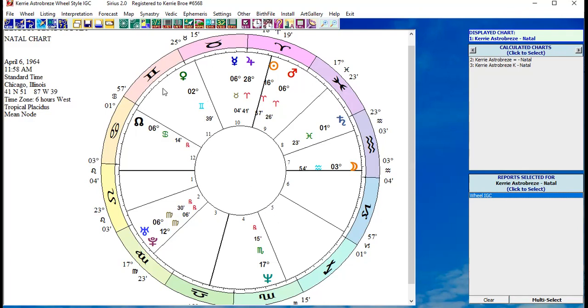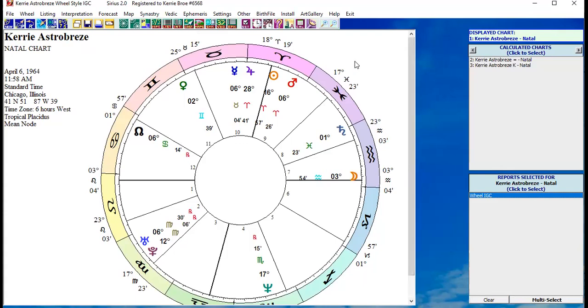Okay, so that's interesting. And then let's look up here at the midheaven, because midheavens change a lot when we change house systems. So what's kind of interesting about these house systems is, see this 18 degrees Aries up here, it puts this as the divider, it puts the midheaven as the cusp of the 10th house.